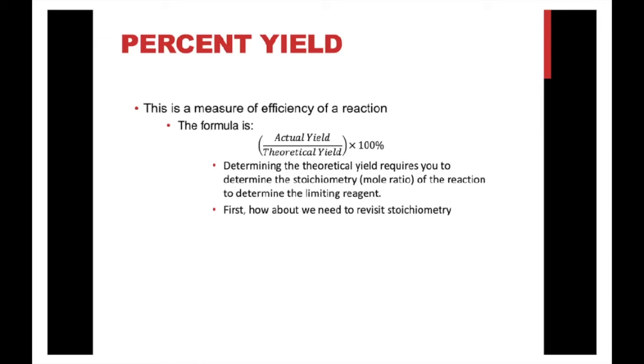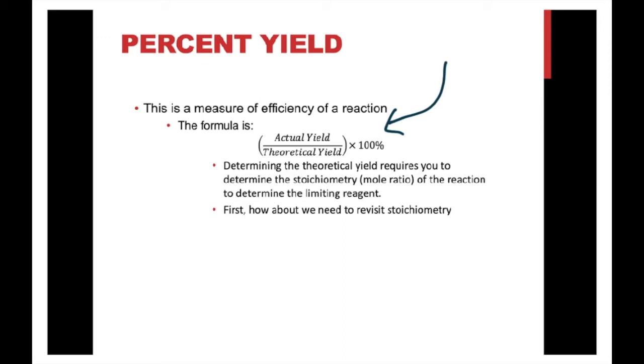And the formula for this is super straightforward. You got bludgeoned with this in Gen Chem, I'm sure, right? It's the actual yield that you got divided by the theoretical yield. So it's what your yield was divided by how much you could have ever possibly got from this reaction. If the reaction was perfect, what would that number be, right?